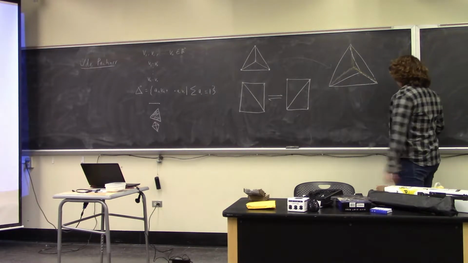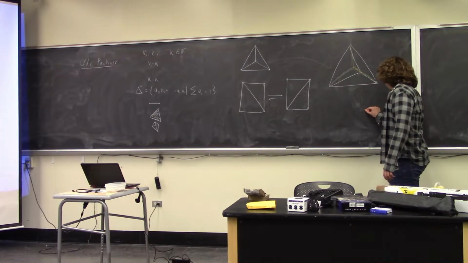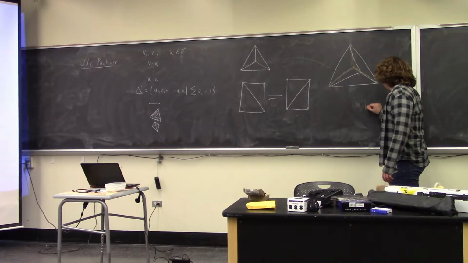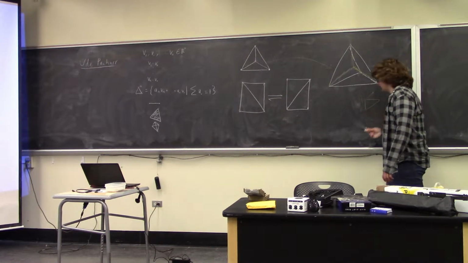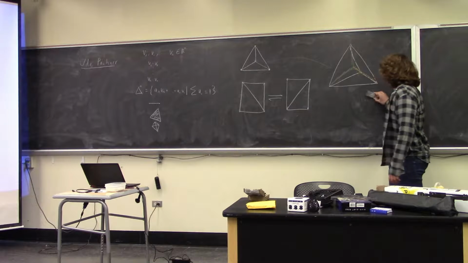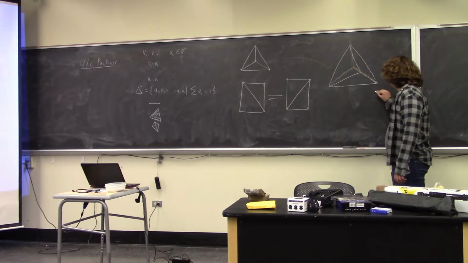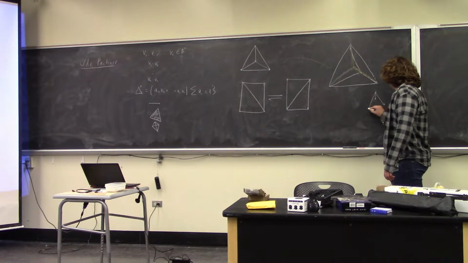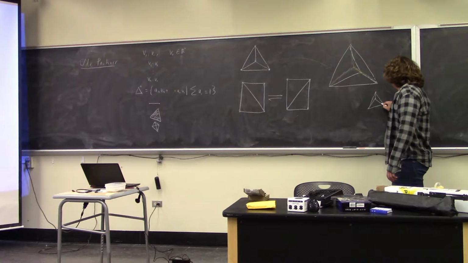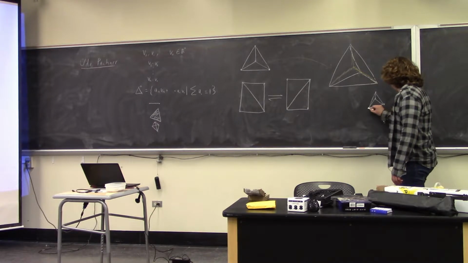For this one, we're going to have two n simplices on top of each other. So this is going to be on top, and then one on the bottom.